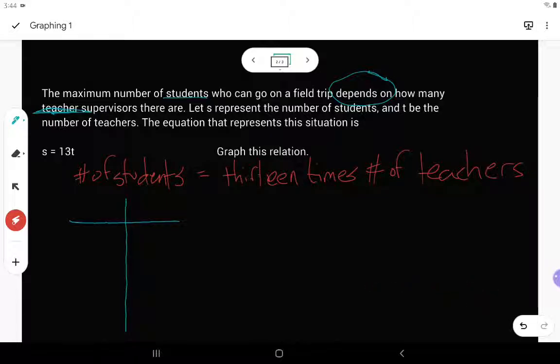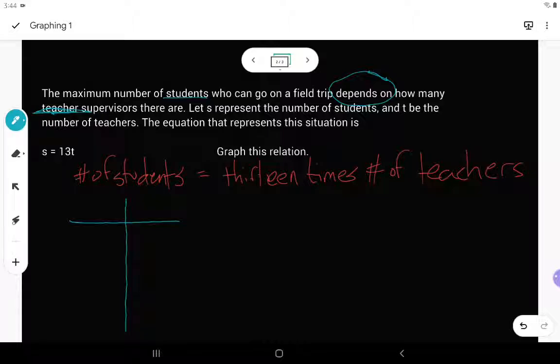Then we have the dependent variable or the responding variable, which is going to change based on what we do on our x. So we are saying the number of students depends on the number of teachers. So teachers gets to go along the x-axis and students will go along the y.